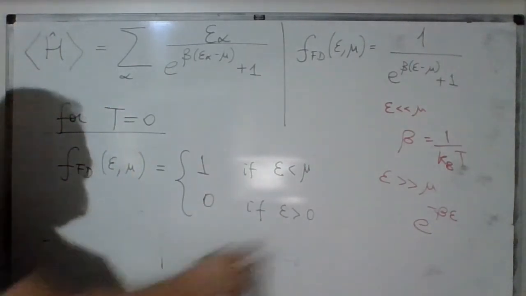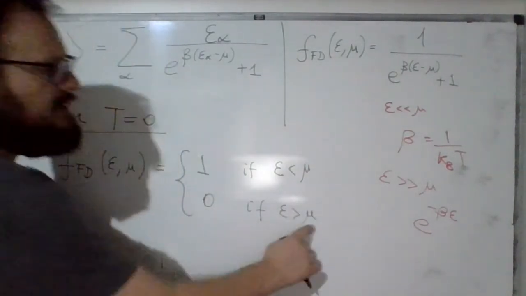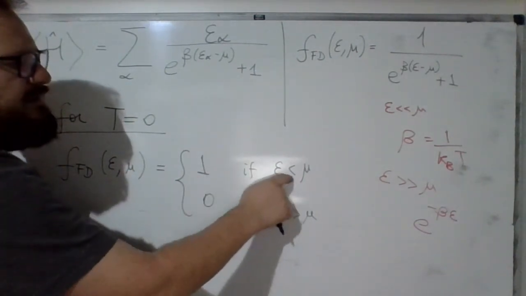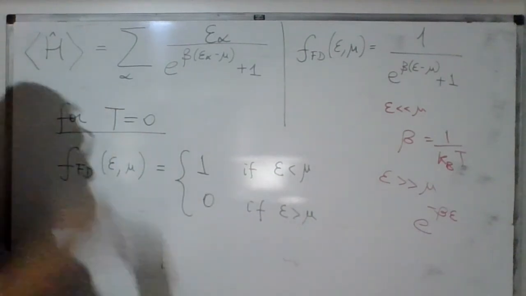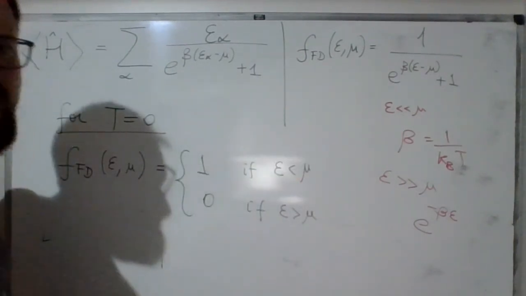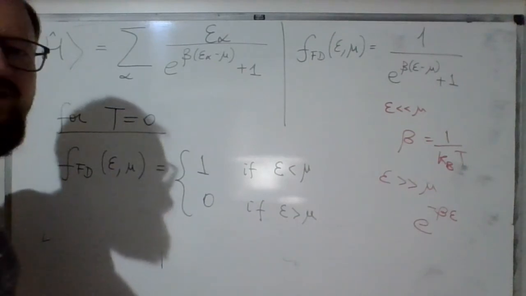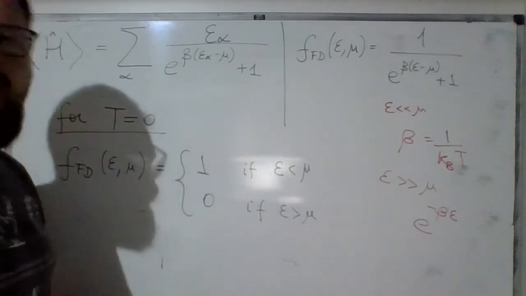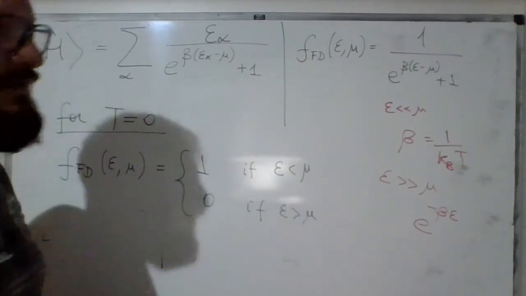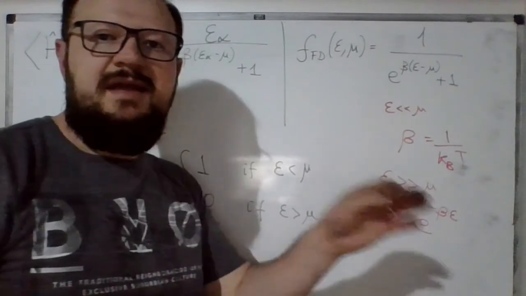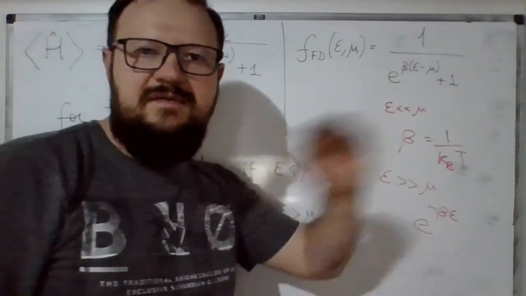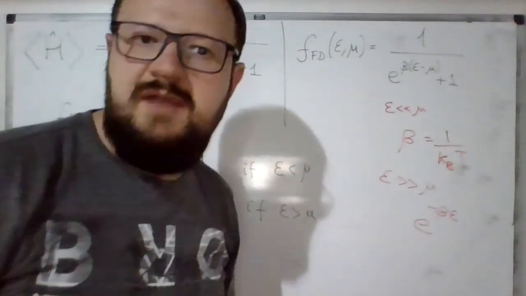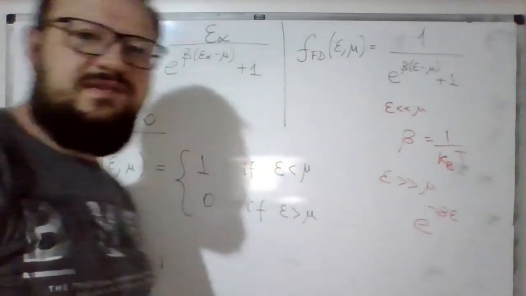Okay, so for energies higher than the chemical potential, 0. For energies lower than the chemical potential, 1. It is very abrupt. There is a discontinuity for the energy exactly equal to the chemical potential. But if you consider a finite temperature exactly at the chemical potential, you have a 50-50 chance of finding an electron or whatever the fermion is occupying that state.